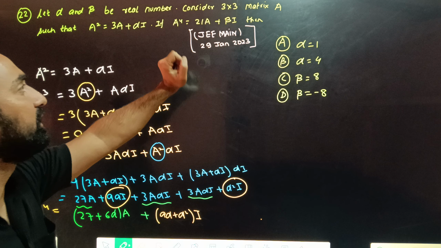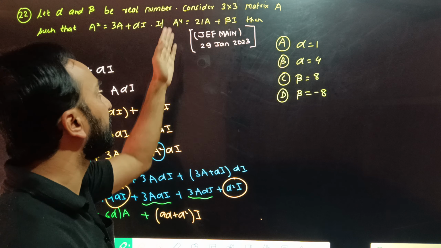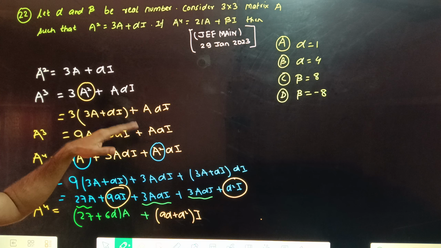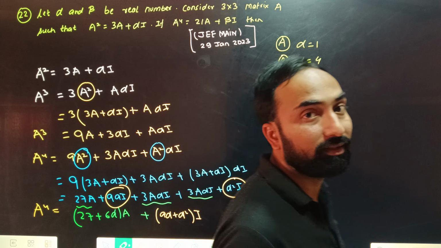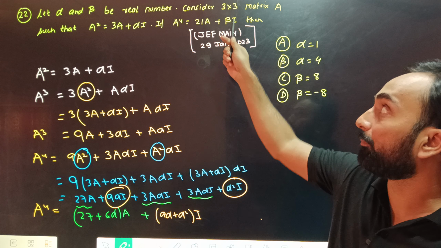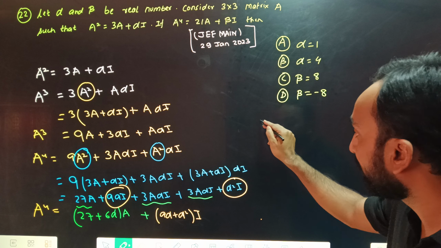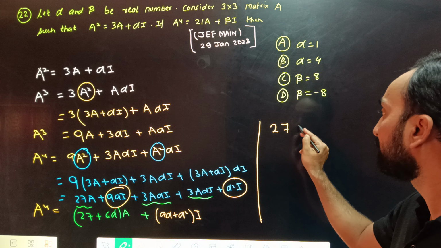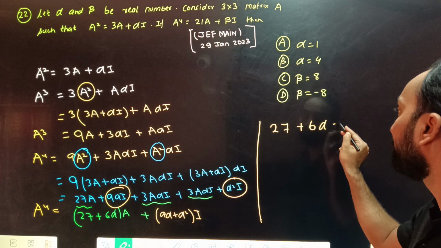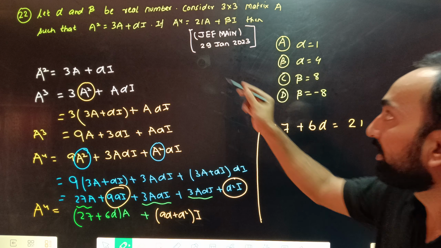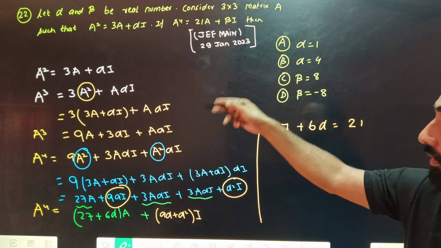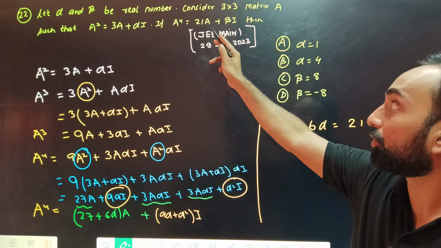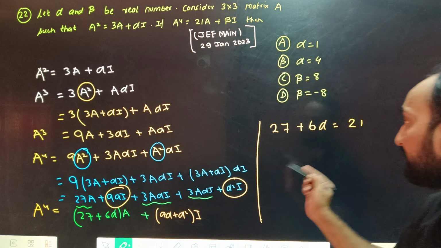Now see, in the question it is given that A to the power 4 is equal to 21A plus beta I. So if we compare both the equations, we will observe that for the A term, 21 is equal to 27 plus 6 alpha.